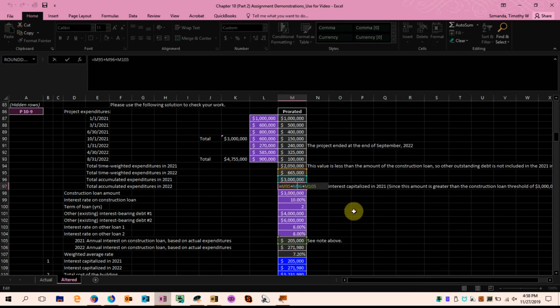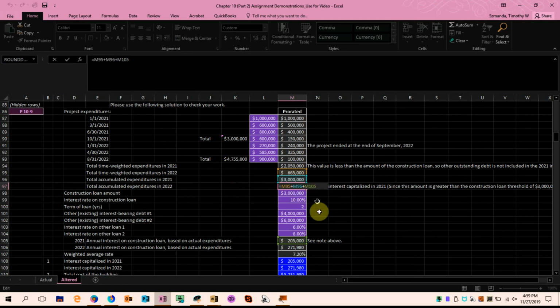I just want to highlight how I arrived at the total accumulated expenditures for 2022. Again, accumulated means we're going to bring in last year's. So what I did is I took the time-weighted expenditures for 2022 of $655. Now this is the time-weighted, and then that's just the addition of $240, $325, and $100. So I'm going to bring those in, plus I'm going to add to that the total accumulated expenditures in 2021. That's everything, the $3 million, because they are now outstanding for more than a year.